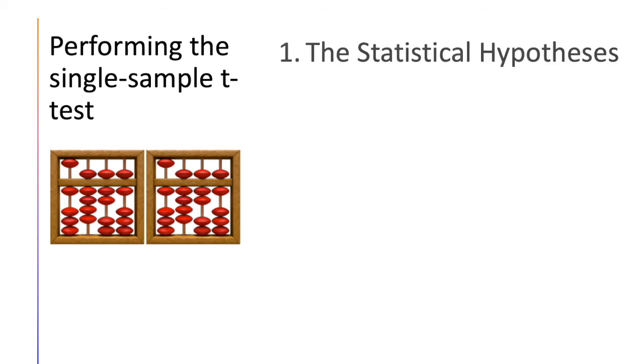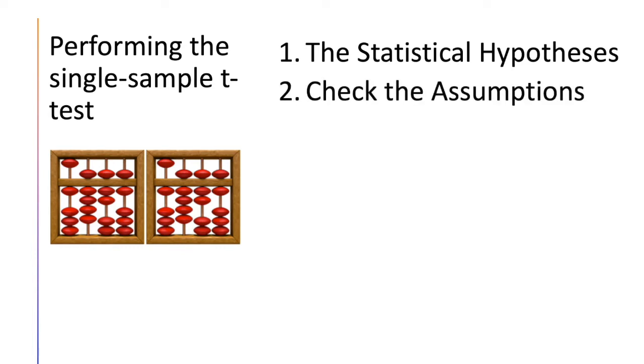So what are they? One, we're going to determine our statistical hypotheses: what we expect the numbers to look like if our null hypothesis is true and if our alternative hypothesis is true. We're going to check the assumptions of the test, which is a fancy way of saying we're going to make sure that this is the right test for this job. We're going to calculate our obtained value, which is going to be a standardized score calculated based on our sample's mean.